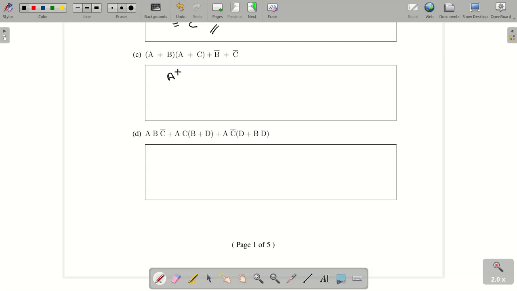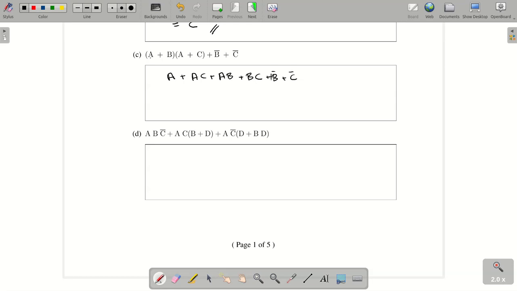So we have A, and A, which is simply A in Boolean algebra, or A, C, OR AB, OR BC. And then we have OR B bar, OR C, right?